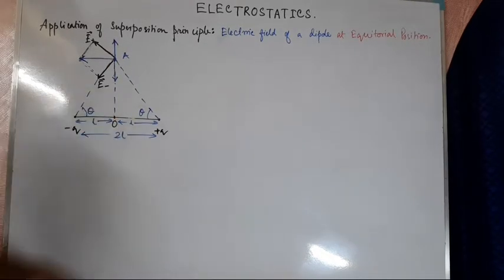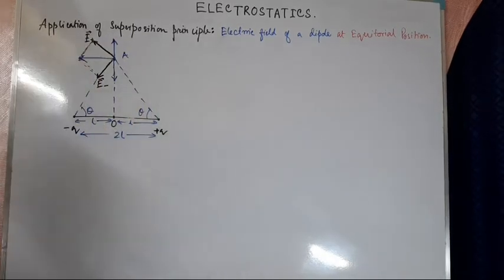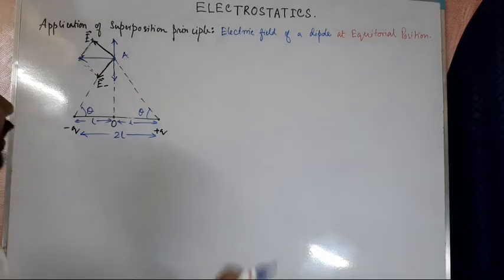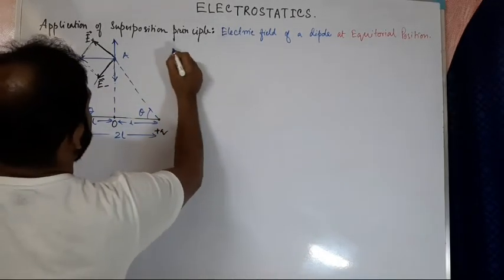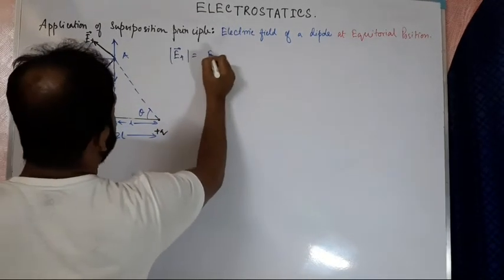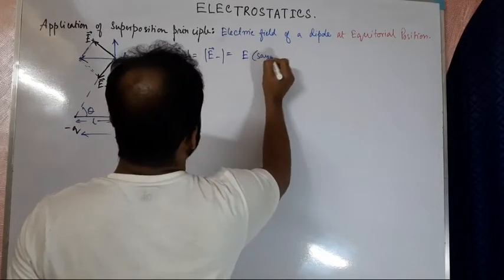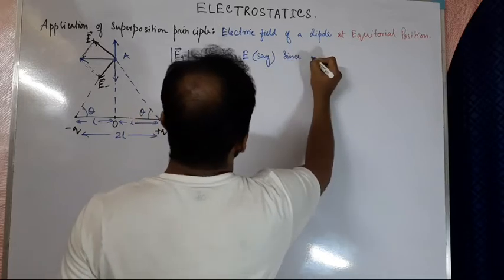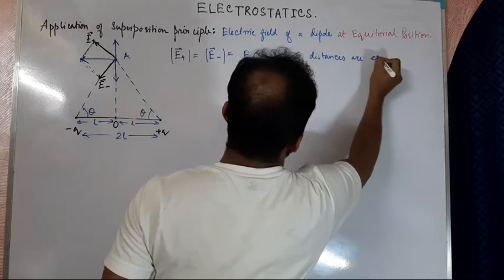The distance from minus q and plus q to A is equal. Since the electric field only depends on the distance, the magnitude of the electric field, that means E positive and E negative, will be the same. Let it be E, since the distances are equal.